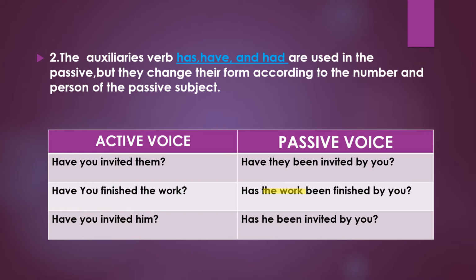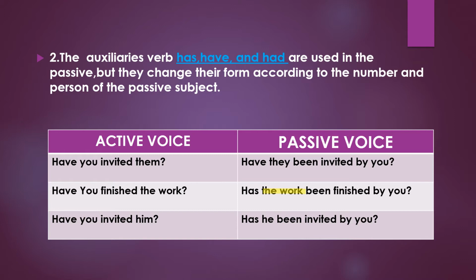So it changes according to the number and the person of the subject which we will keep in passive voice. Here have is used because you is there, and you here becomes you in passive voice, but it changes the position.